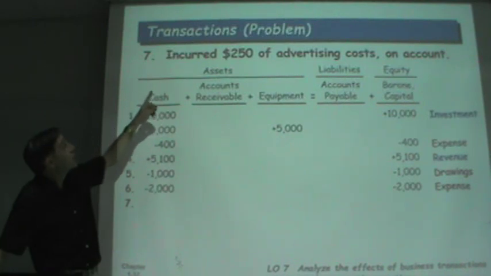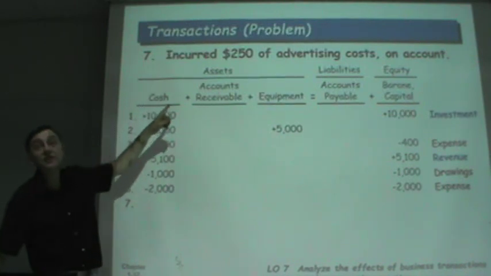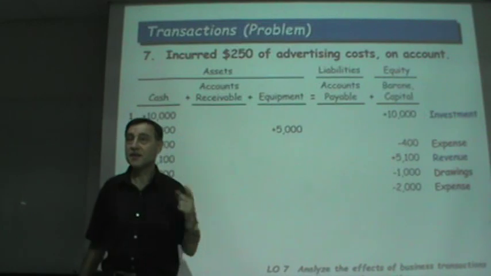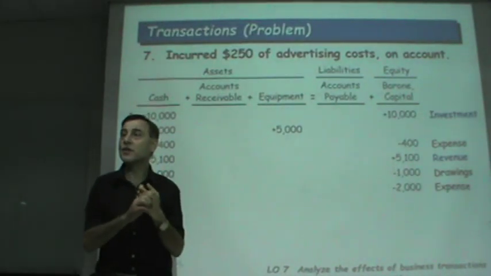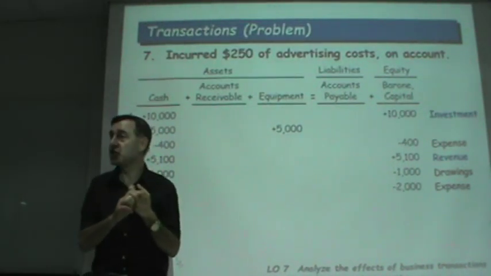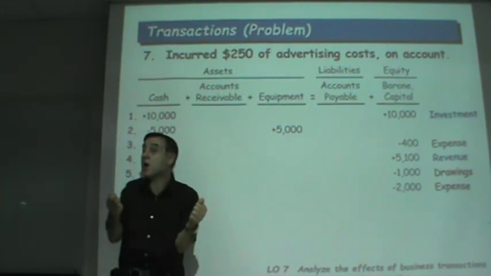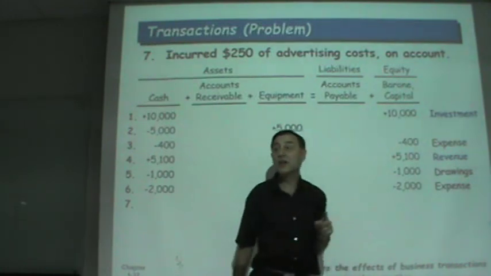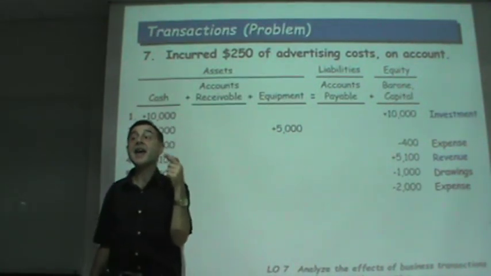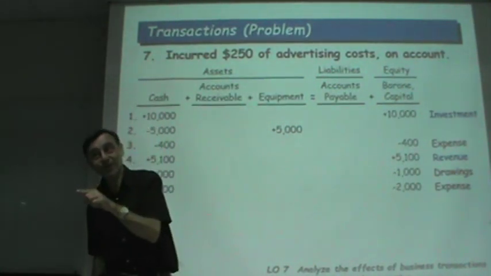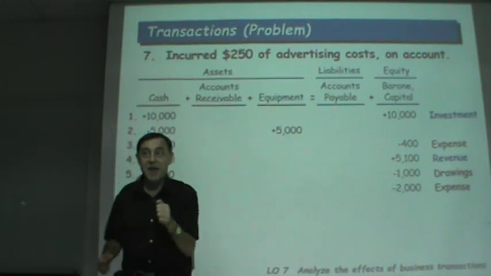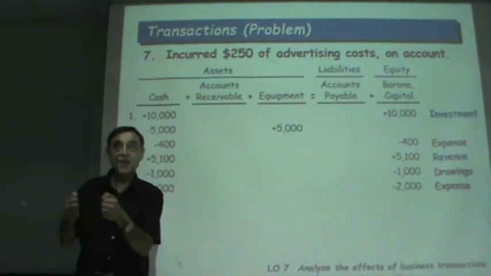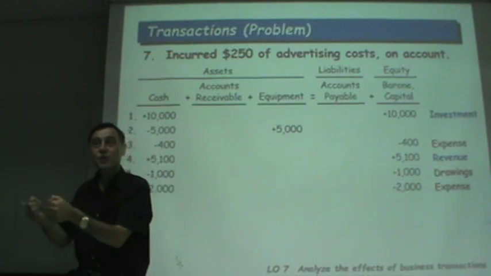Incur 250 of advertising costs. Now, remember when we say the definition of expense is a cost, okay? So, usually cost will mean expense, but not always, okay? Because it may be purchase computer cost 1,000.